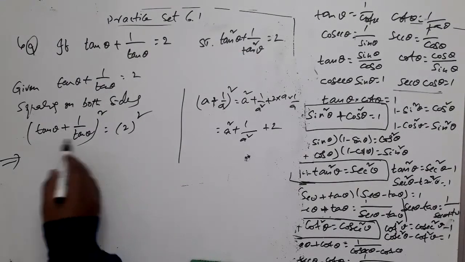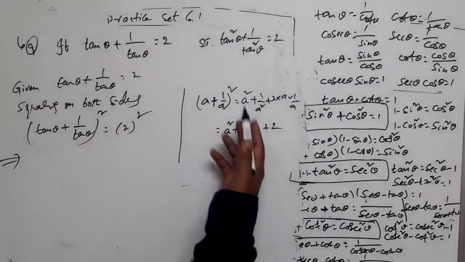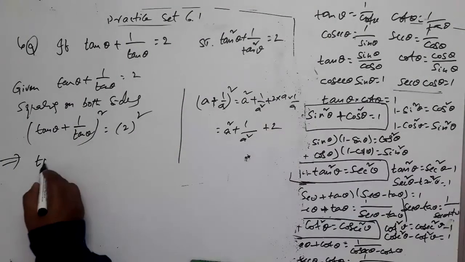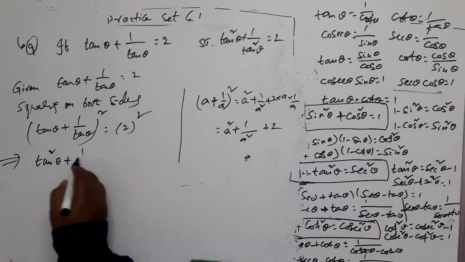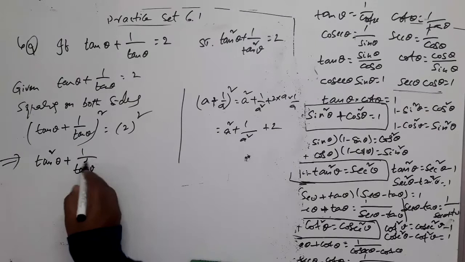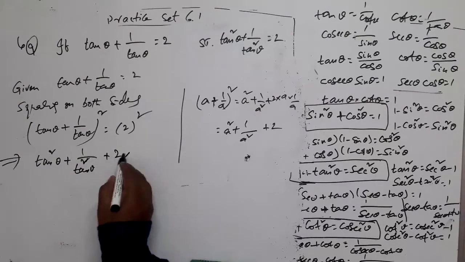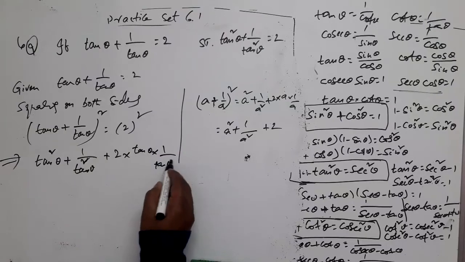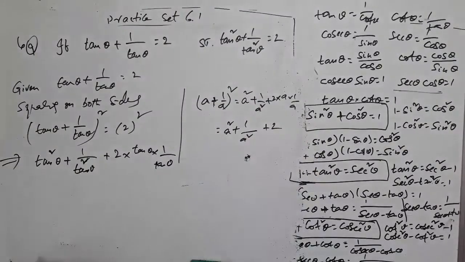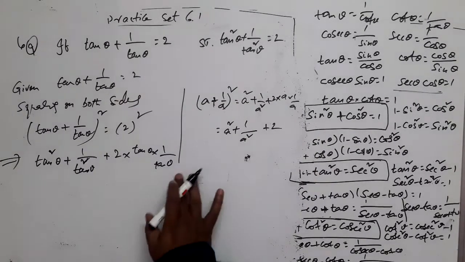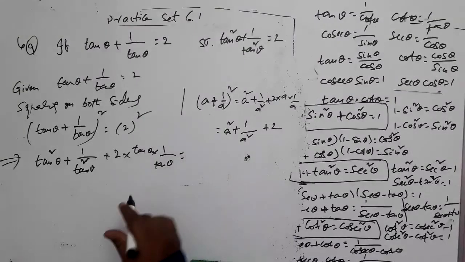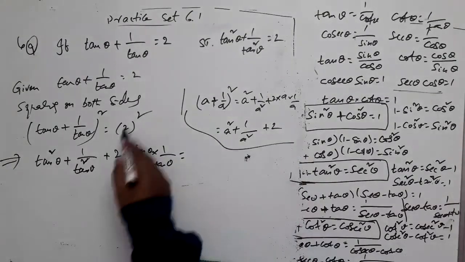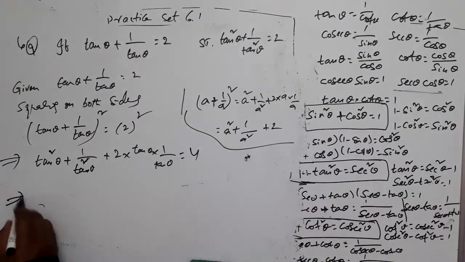This is also of the form A plus B whole square, so that is A square plus B square plus 2AB. That is tan square theta plus 1 by tan square theta plus 2 times tan theta into 1 by tan theta, right? A into 1 by A, is equal to 2 square. 2 square is 4.